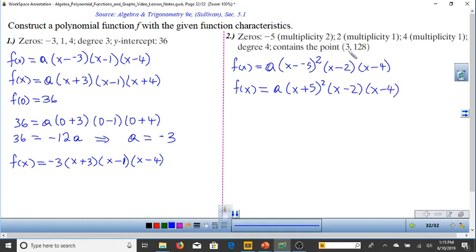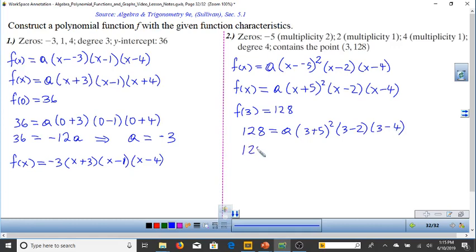I also know that this point is on the graph, so when I plug in 3 for x, I get 128 for y. So I can then say 128 is a times 3 plus 5 squared times 3 minus 2 times 3 minus 4. 3 plus 5 squared is 8 squared. 3 minus 2 is 1, and 3 minus 4 is -1.